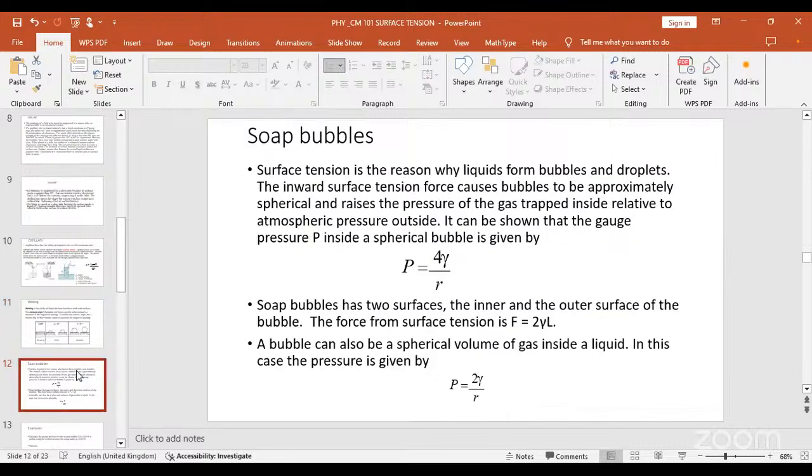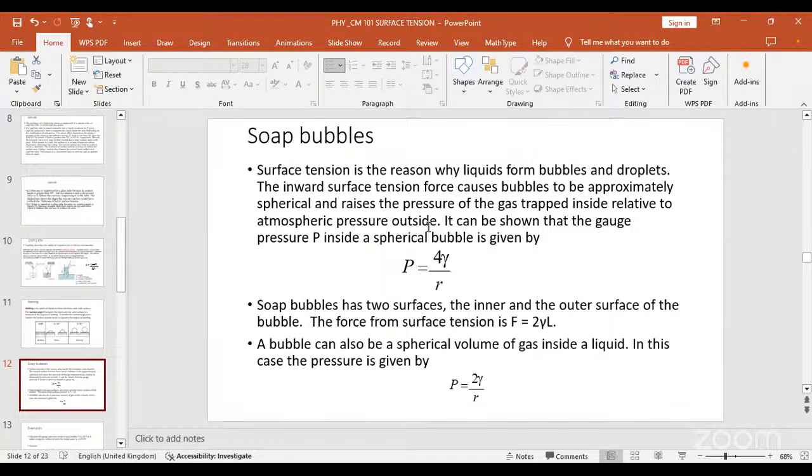process. Soap bubbles: we want to look at the pressure that a soap bubble has. When you blow a soap bubble in the air and it forms droplets, there is an inward surface tension that forces bubbles to be approximately spherical and raises the pressure of the gas trapped inside relative to the atmospheric pressure outside.